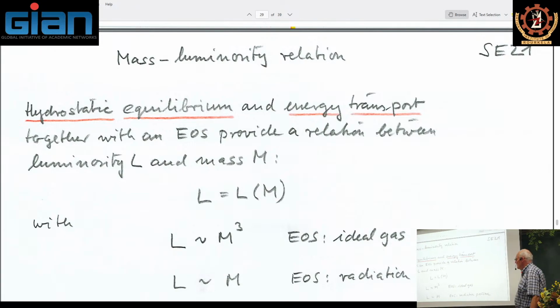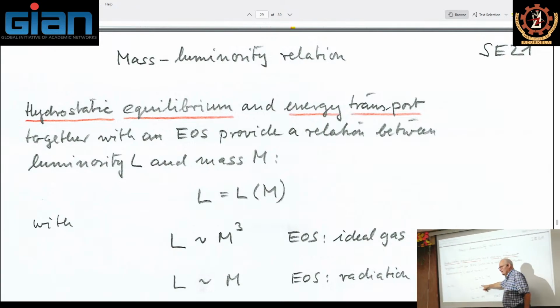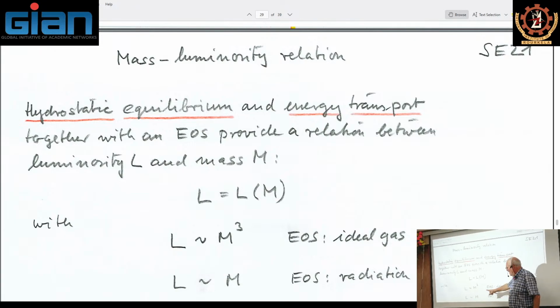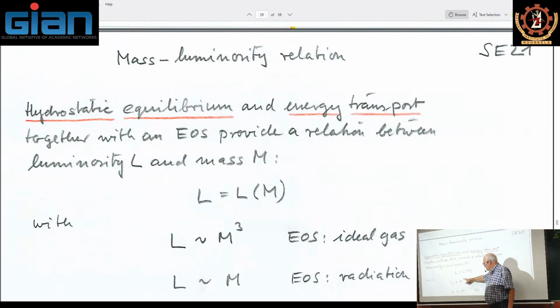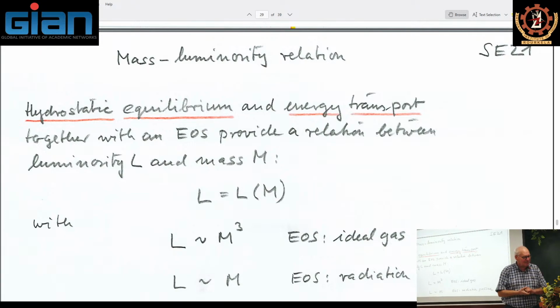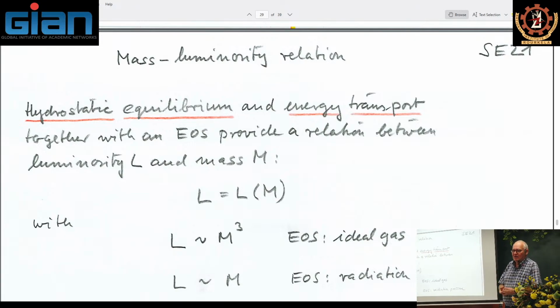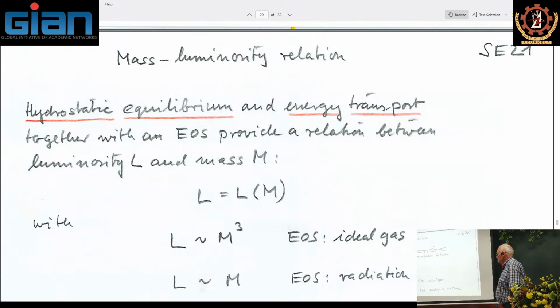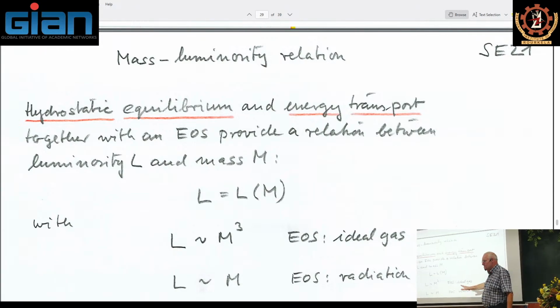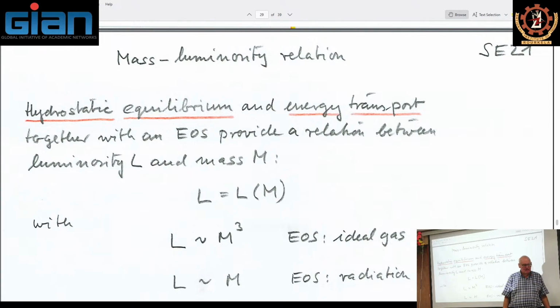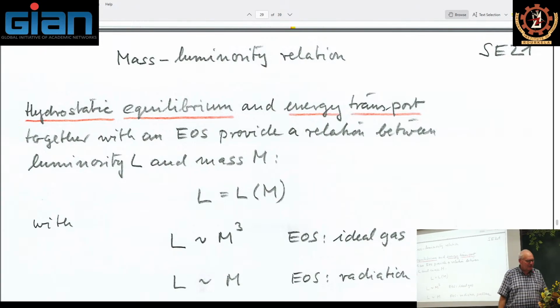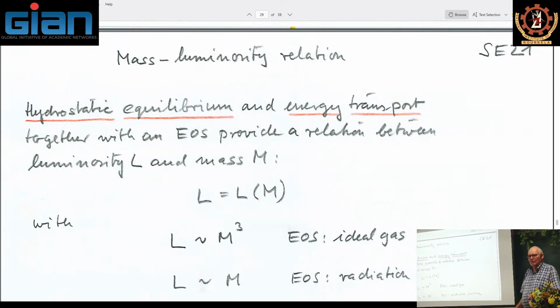The exponent is very close to 3 for low mass stars. If you go to high mass stars, you find that the exponent reduces to 1. So even the case where you assume that the star is mainly supported by radiation pressure is also seen once you do sophisticated stellar models. The exponent 1, or the linear relation, is valid for massive stars.